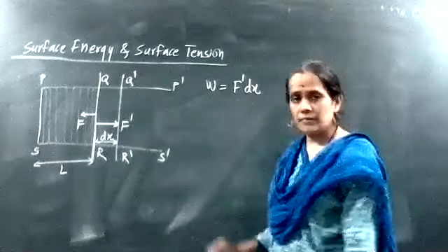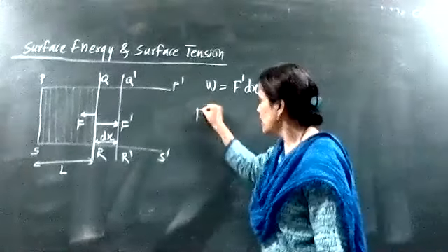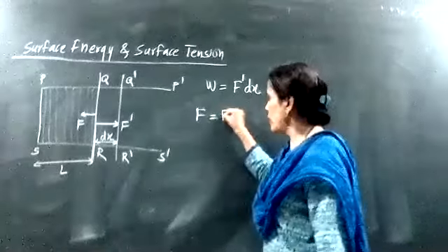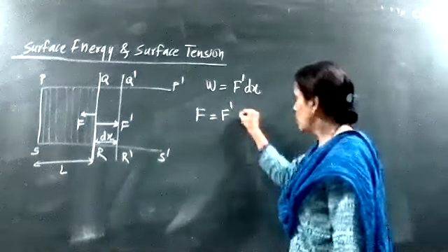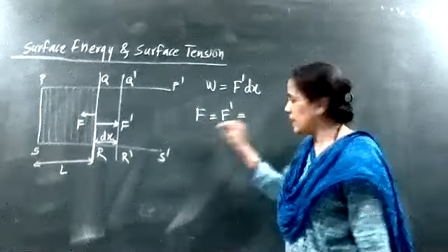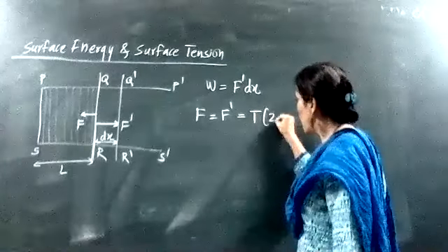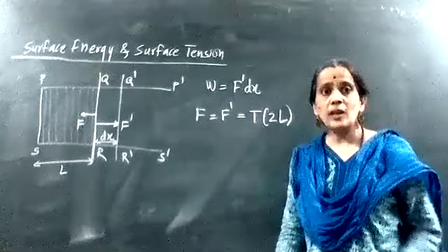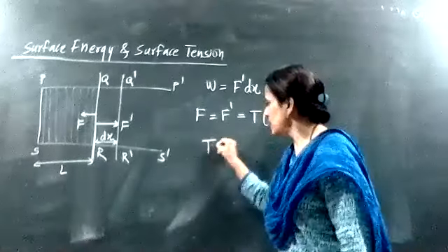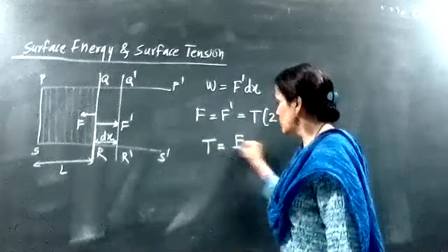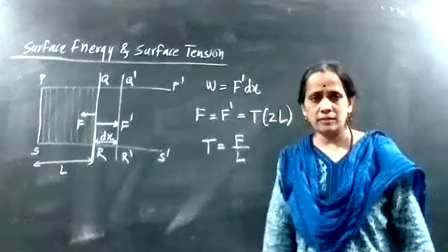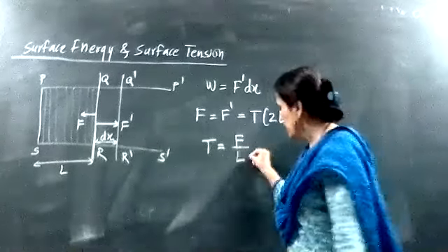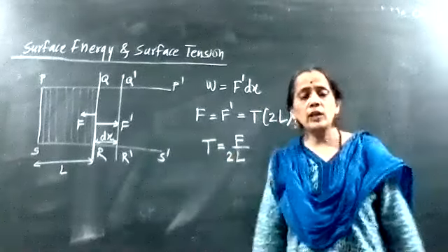So I'll write down this F'. Now the magnitude of F is equal to F'. And what is F? F is nothing but T into 2L. Now how? We have seen surface tension is equal to tangential force per unit length. Right? But I am taking here 2L. Why 2L?